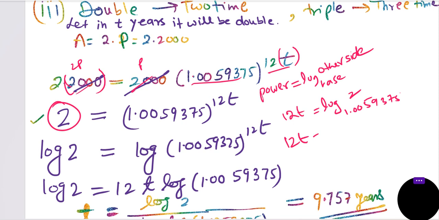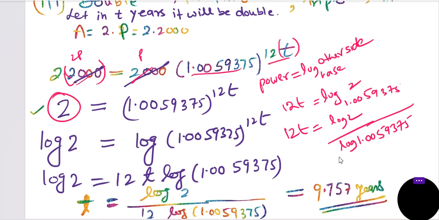So there we go, 12t is log 2 divided by log 1.0059375, and this we can do with the calculator. And after that dividing by 12, here 1 over 12 will come, and you will get this answer.